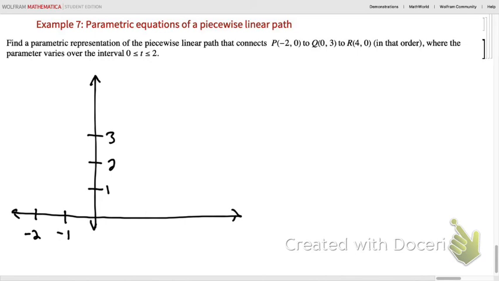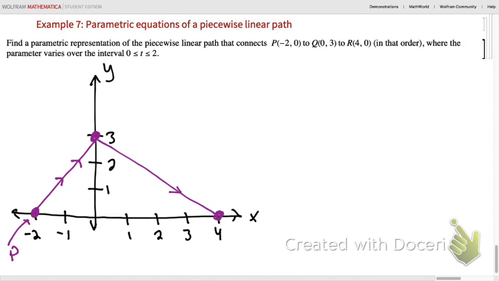And I'm going to go to the right 4 units. 1, 2, 3, 4. Okay, and let's go ahead and use purple for the path. So the point P has coordinates negative 2, 0. The point Q has coordinates 0, 3. And the point R has coordinates 4, 0. So here's the curve. I'll include the arrows to indicate the orientation. Okay, so I have P, Q at 0, 3, and R at 4, 0.